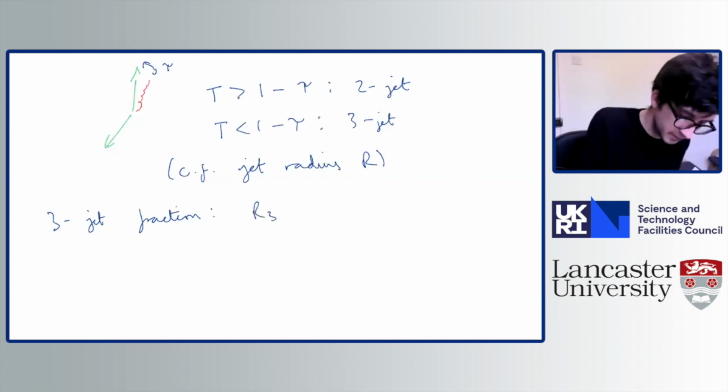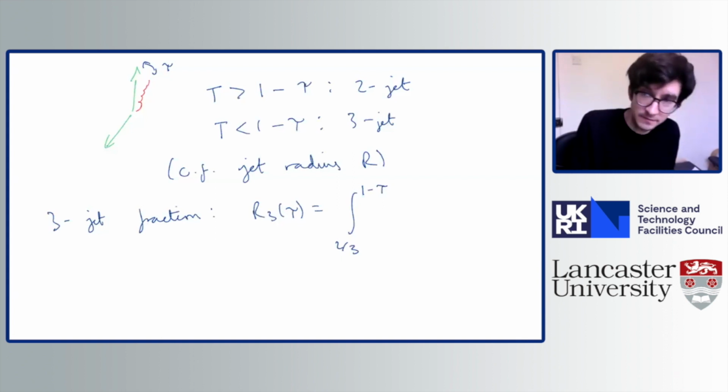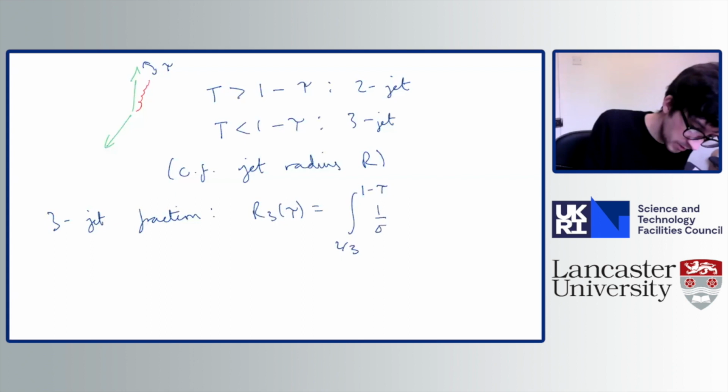So let's define our three-jet fraction as a function of this tau. So we integrate up from 2/3, which is, you'll show in the exercises, the minimum value this thing can take for a three-particle event, 1/sigma-naught, we just integrate it up.